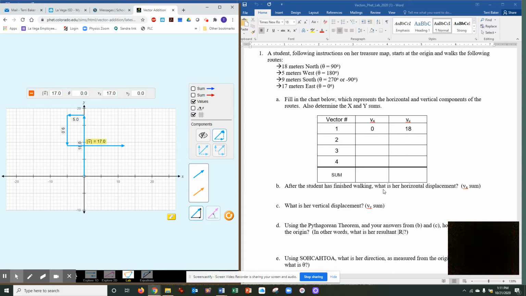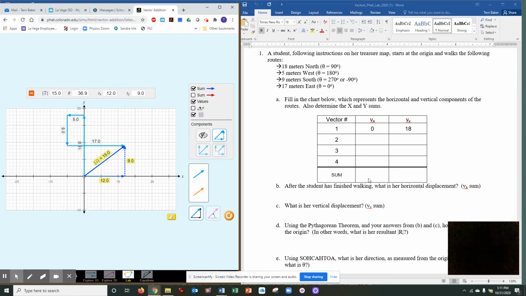And what that is going to tell us, if this is 12 and this is 9, is that when we hit the sum button for the color or whichever arrow you used, the resultant drawn from where she started to where she ended has a magnitude of 15 because the legs are 12 and 9.